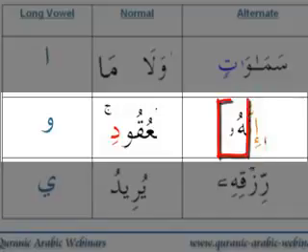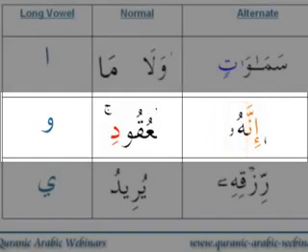And what they've done here, we've got the ha with the dhamma, and the little waw that you see here is written so small in, well, this is actually the Uthmani script. It's written so small it looks like a little sort of, you could call it like a comma in a way. However, it is actually the long vowel waw, but it's drawn very small. So that last one there is hu, too long. It's an alternate way of writing the long vowel waw.